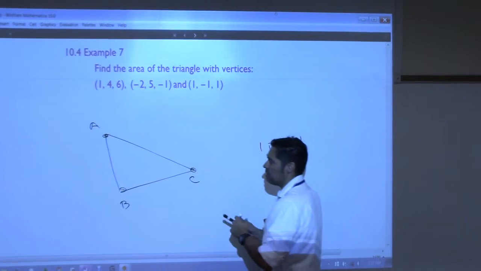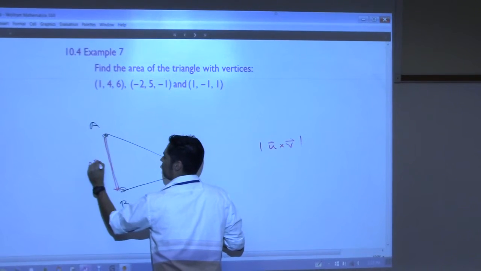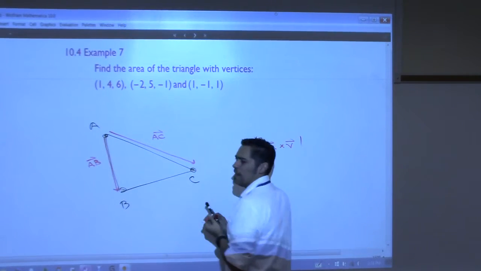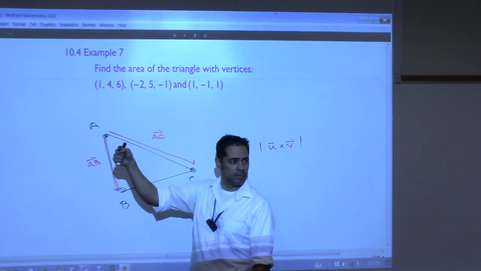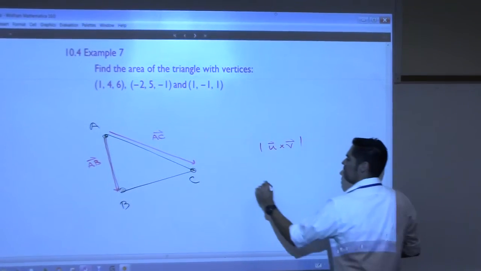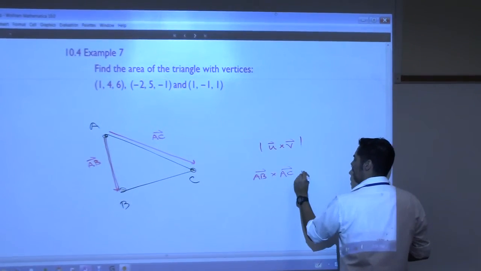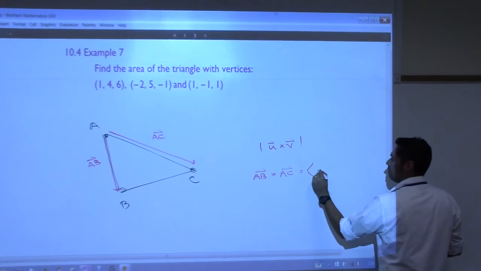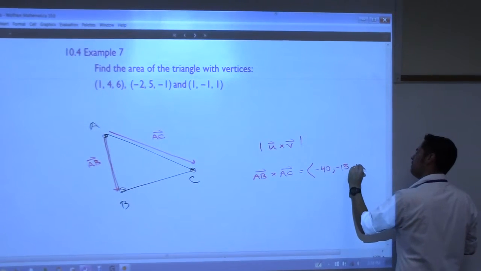So if we come back over here and we look at this example we did earlier, we created this vector AB, didn't we? We created this vector AC. And the reason we did that is because we were trying to find a vector that came out of this, right? And we did find that, didn't we? We crossed these two together. We did AB crossed with AC, and we found -40, -15, +15.